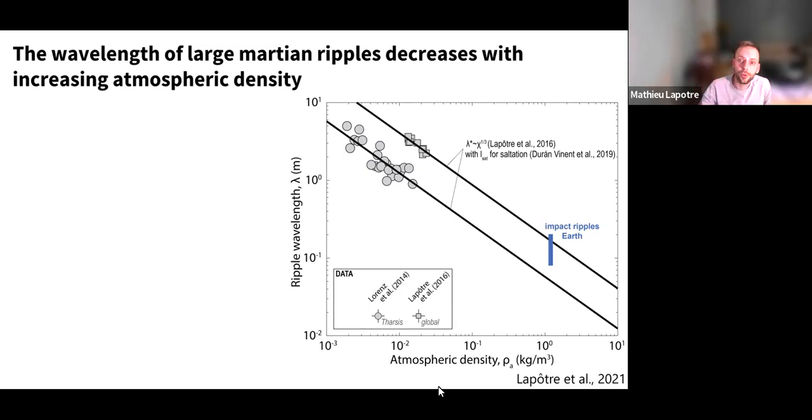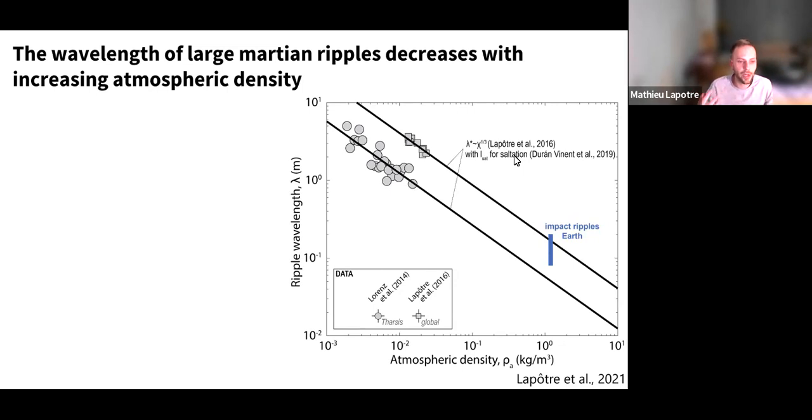We were then able to actually sample ripple wavelengths that span over an order of magnitude in atmospheric density. And one key observation was that the wavelength of these large ripples actually does decrease with increasing atmospheric density. And furthermore, the prediction from our scaling relationship, which is shown here in the black lines, is actually matched fairly well by the data.